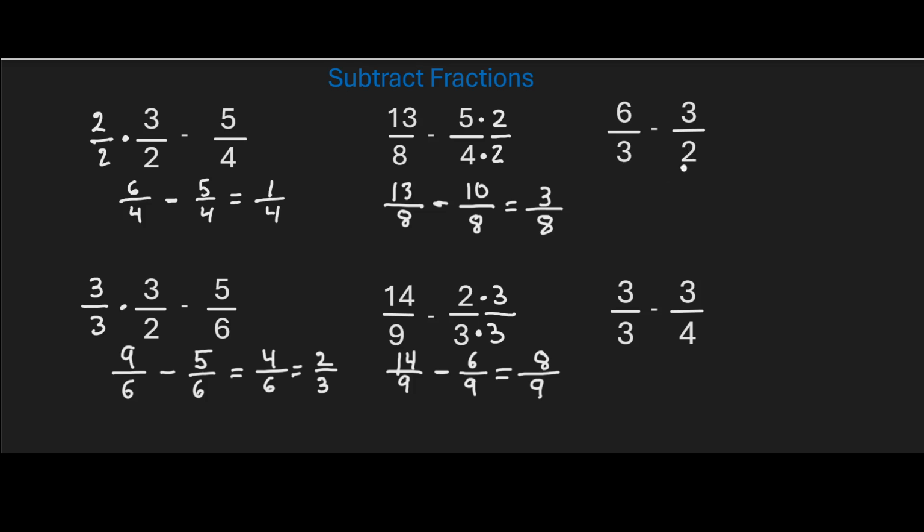Whenever that happens, then you have to multiply them by each other. That means I have to multiply this one by 2, okay? And this other one, I have to multiply it by 3, okay?